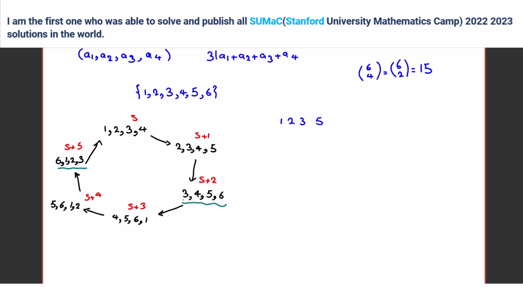But in each group we have this. Let's check 1, 2, 3, 5. We don't have 1, 2, 3, 5 here, right? So the next one is 2, 3, 2, 4, 3, 6, right? 4, 6. Next one is 3451.